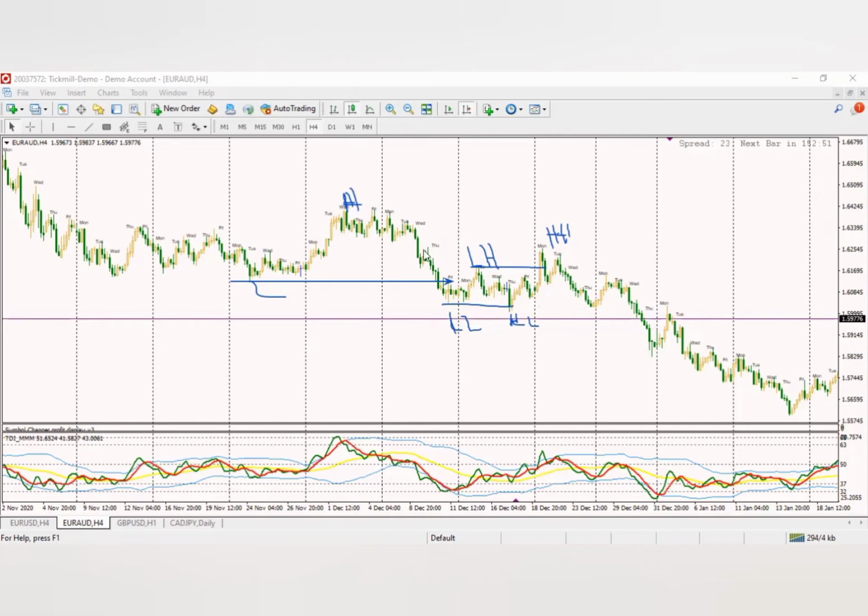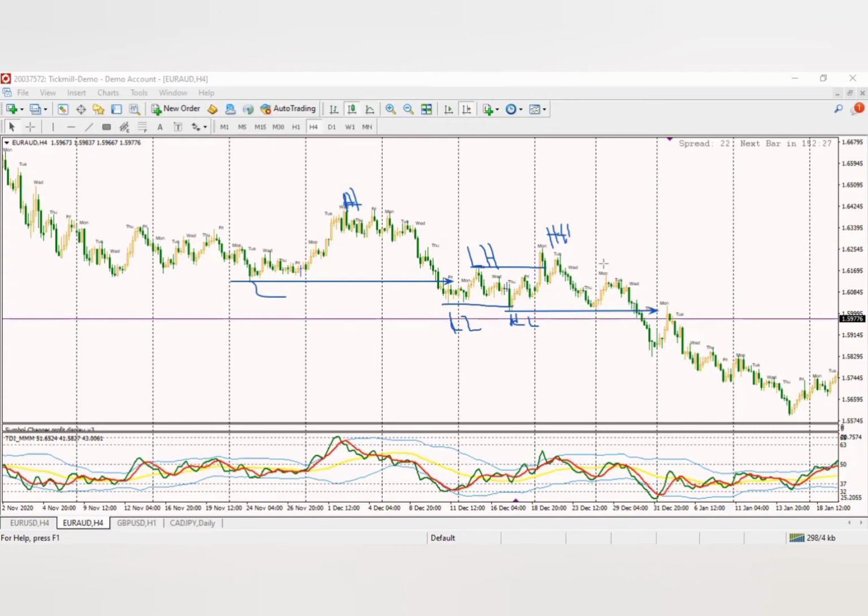But something eventually happened. So what do you expect? You expect the market to come down here and go up and break this. But for you to understand the bearish market, you need to be very patient. After giving us a higher high, the market retraced a little bit. It couldn't break this.